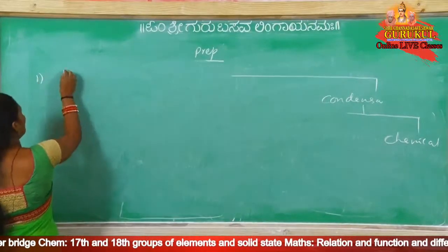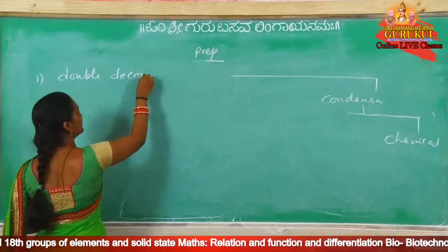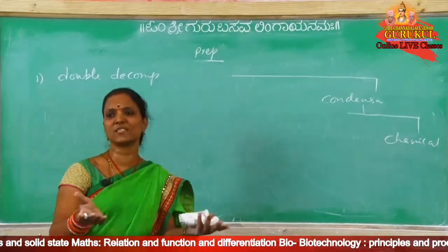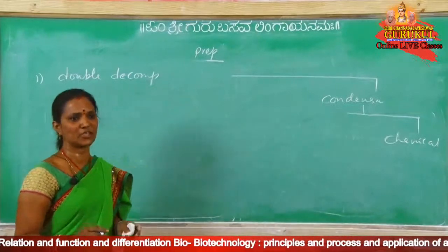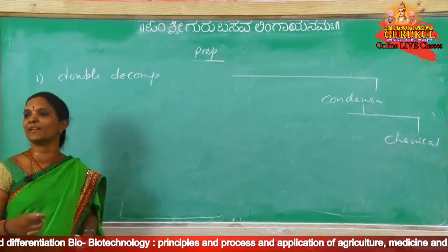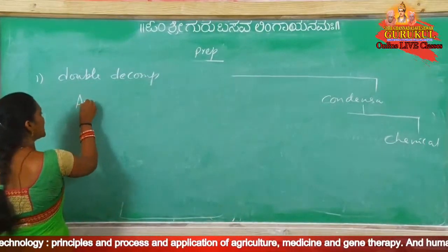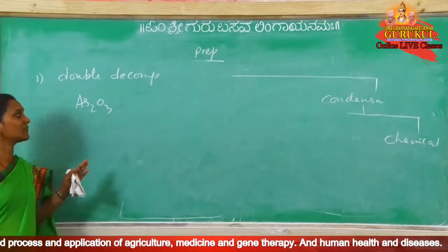The first one is the double decomposition process. To identify whether it is double decomposition: this compound decomposes, another compound also decomposes, and that reaction is the double decomposition process. But a very simple identification is that wherever a sulfide sol is given, the direct answer is double decomposition. Here arsenic oxide, As2O3, is a fixed example in all the materials.